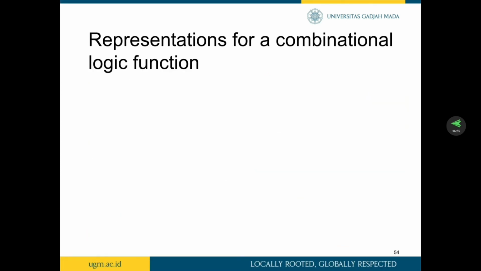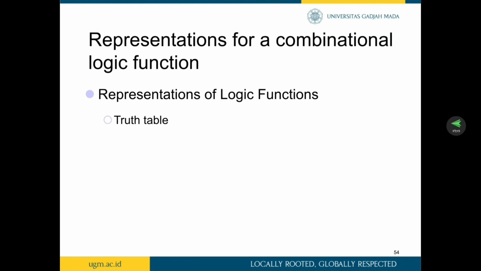And the last representation for a combinational logic function, we can write as a truth table, and we can write the expression as canonical sum. Canonical sum means that you have to write all the variables in the function completely.